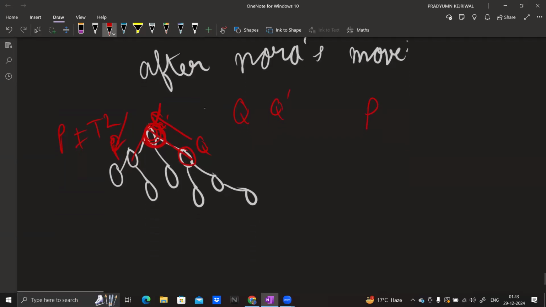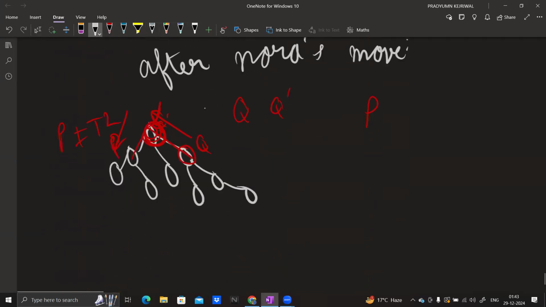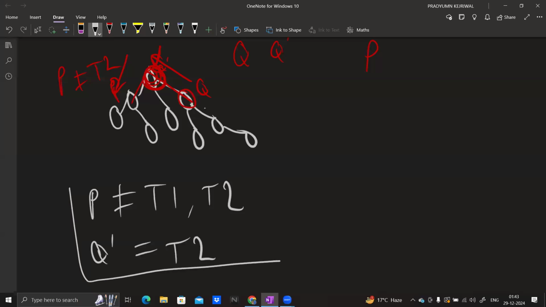So our condition is that either P is not equal to T1 and Q equals T1, or P is not equal to T1 and T2, and Q dash is equal to T2. Right, guys?